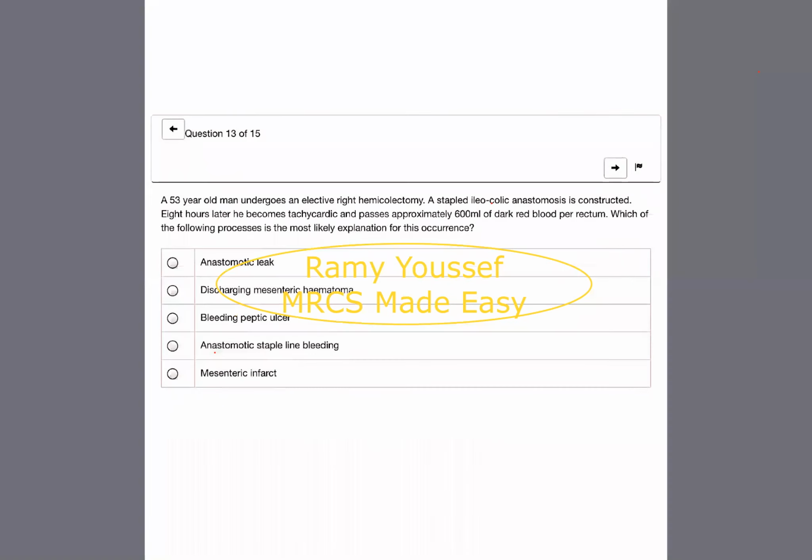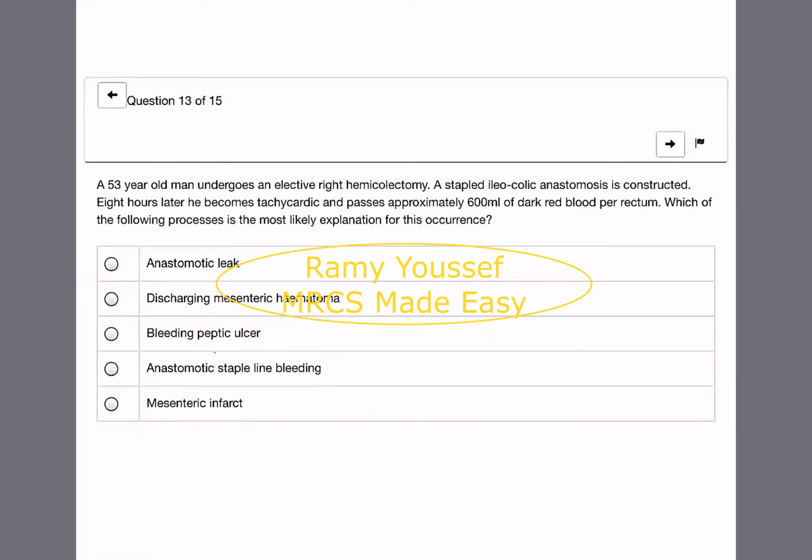Okay, next, Dr. Ali. A 53-year-old man undergoes an elective right hemicolectomy. A stapled ileocolic anastomosis is constructed. 8 hours later, he becomes tachycardic and passes approximately 600 ml of dark red blood per rectum.